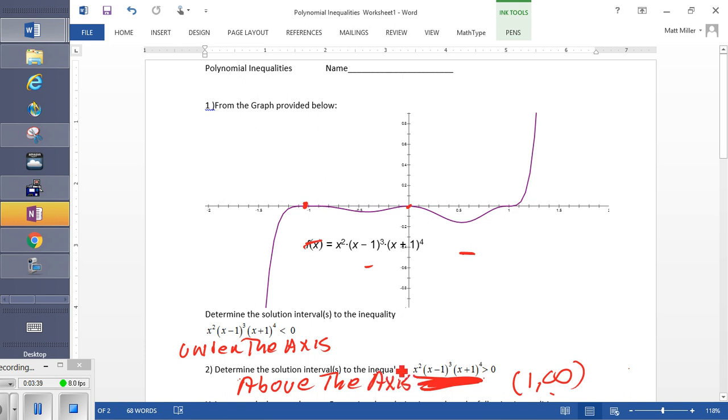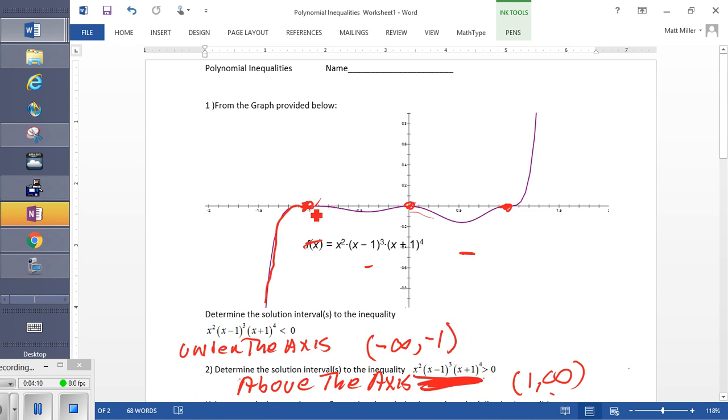Under the axis, below the axis, it's this, but it kind of has interruptions because at these specific spots, it's on the axis. So it's under the axis right here, and that interval is what? From -infinity to -1, not inclusive.